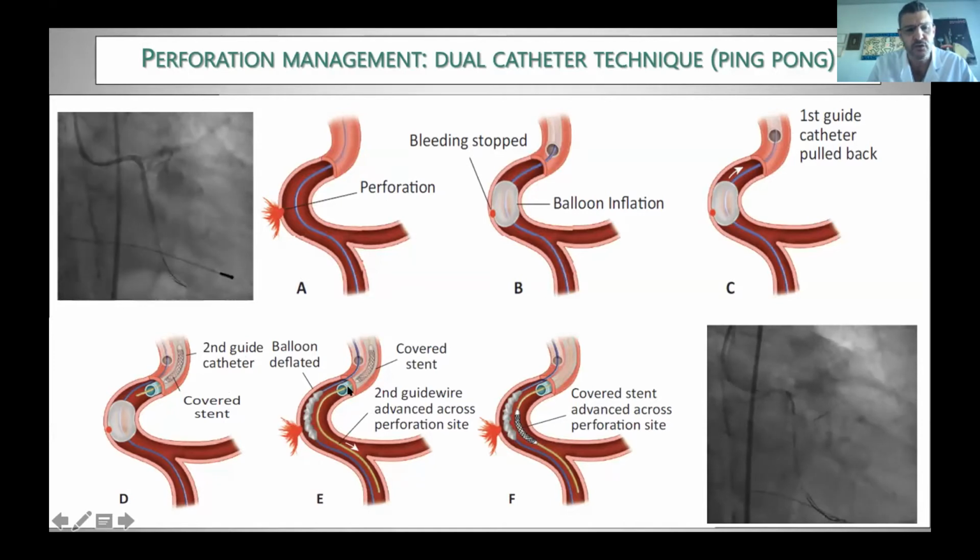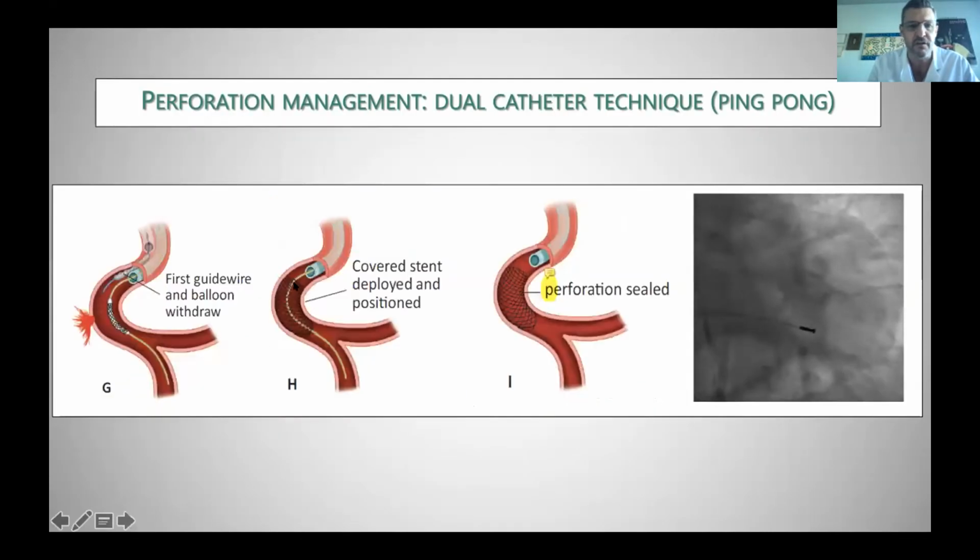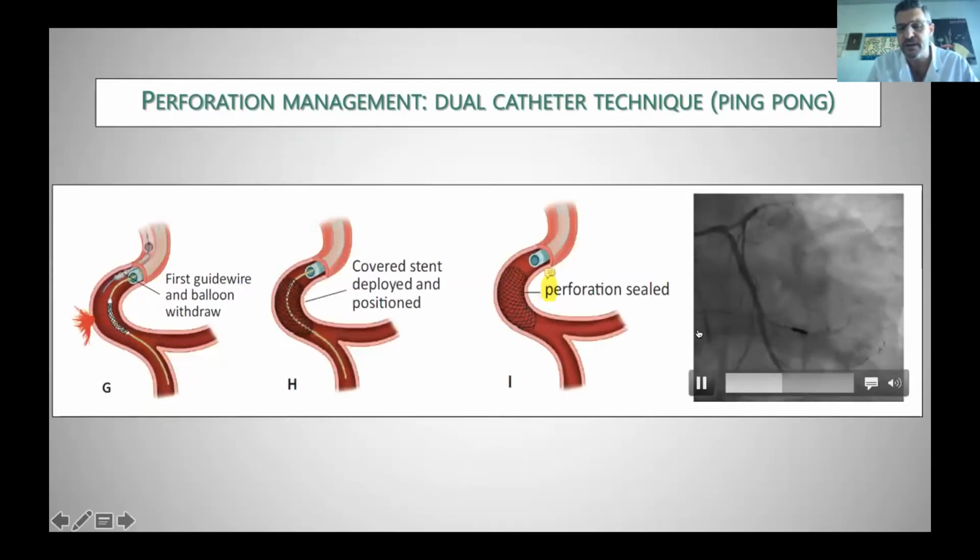Over the wire, you should advance the covered stent. So you can advance the covered stent through the second guide, leaving the balloon inflated. When the covered stent is very close to the perforation site, at this point, you can deflate the balloon, remove the balloon and the guide wires, and finally deliver and inflate the stent and cover the perforation completely.